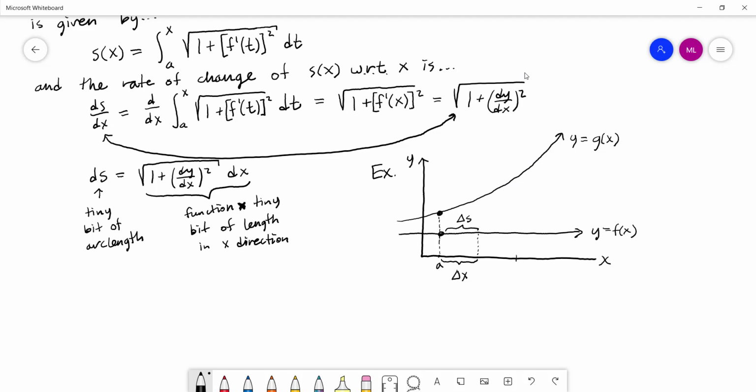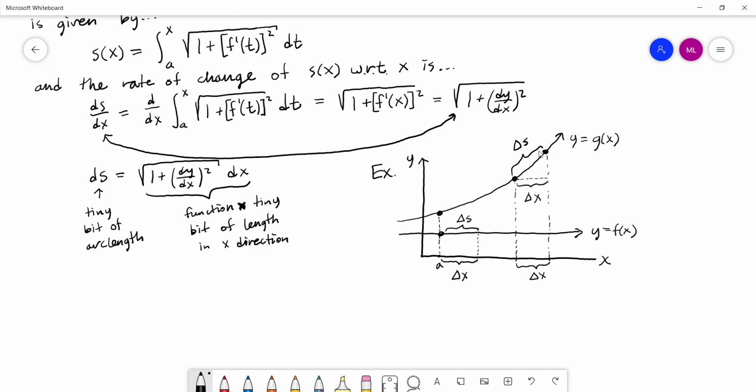If this was my delta x, and instead of comparing it to this bottom curve, let's go up and compare it to the top curve. So now I'm going from here to here. If I went horizontal, that is still delta x, but this distance is my delta s. And which is bigger, delta x or delta s?